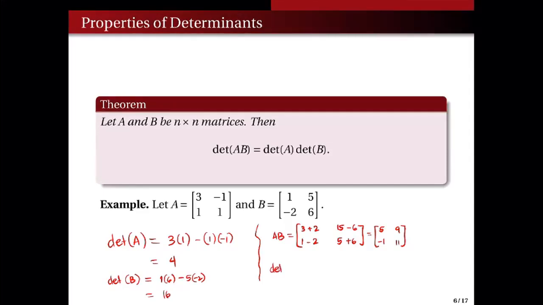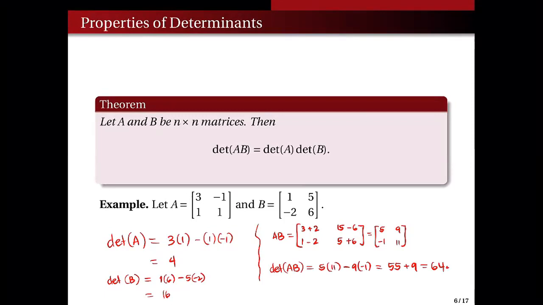And then the determinant of the product AB is equal to 5 times 11 minus 9 times negative 1. So we have 55 plus 9, and this is equal to 64. And indeed, that's 4 times 16. Correct? Determinant of A times determinant of B is equal to 4 times 16, which is 64.